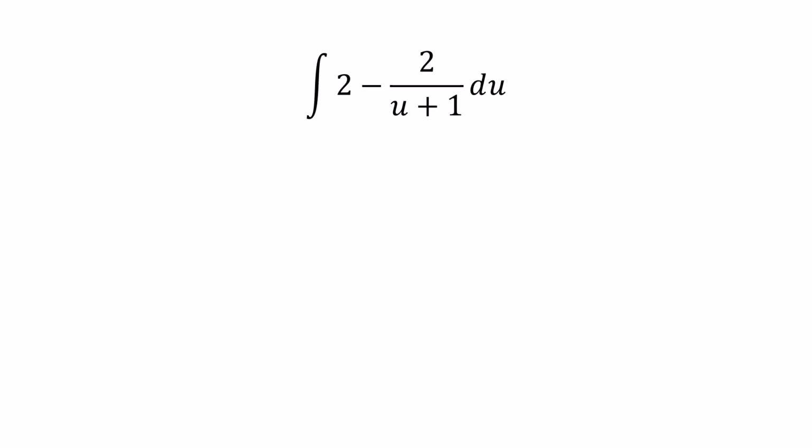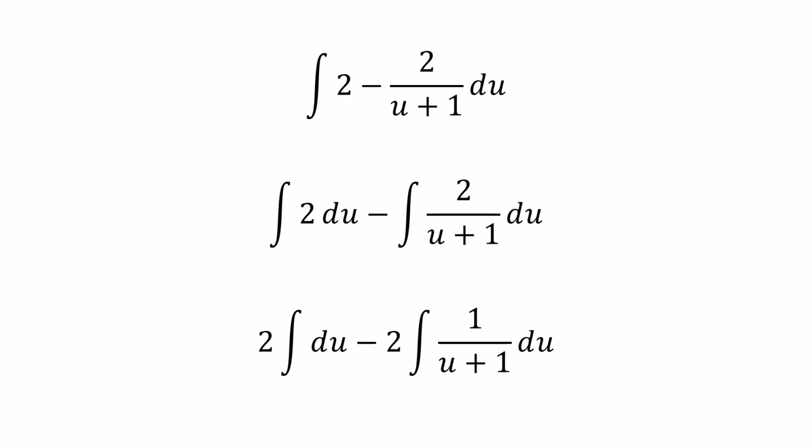Applying the sum rule, we obtain the integral of 2 du minus the integral of 2 over u plus 1 du. Applying the constant multiple rule gives 2 integral du minus 2 times the integral of 1 over u plus 1 du.